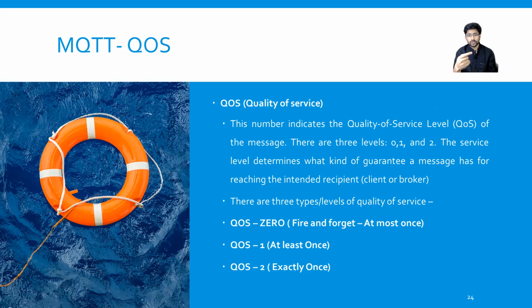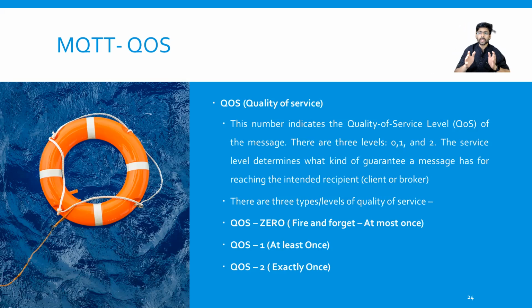In quality of service 1, it means at least once. Your data will be published at least once to the broker. Until and unless you get the acknowledgement from the broker, your data is going to be retained by the client, right? But there could be duplication also. That is the meaning of at least once. So it could be twice and thrice if there is a delay in acknowledgement. And in quality of service 2, exactly once.